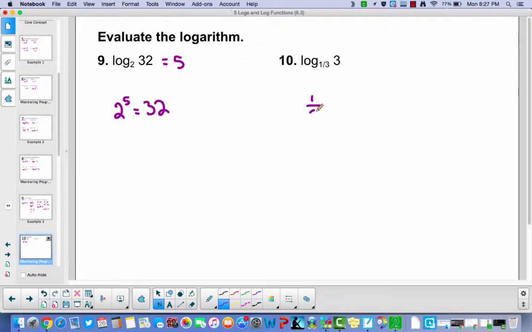It says 1/3 to some power is 3. Well, they're the same bases, but I need this 3 here to move up. How do I get it to change places? Again, I've got to have a negative exponent. If I take 1/3 to the negative first power, I end up with 3. So what is log base 1/3 of 3? It's -1.